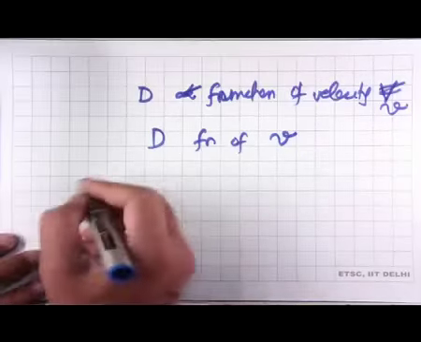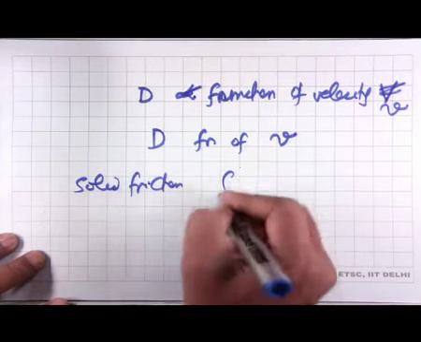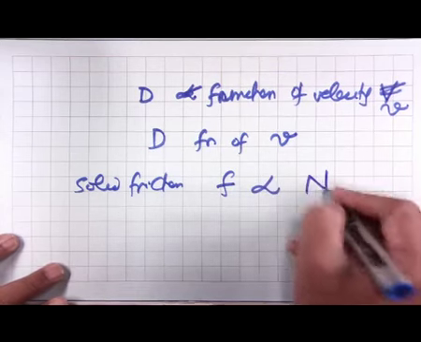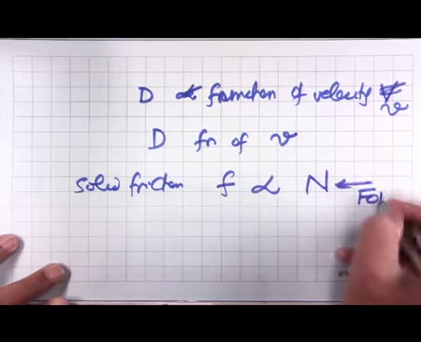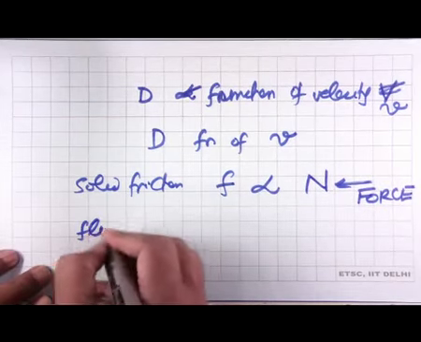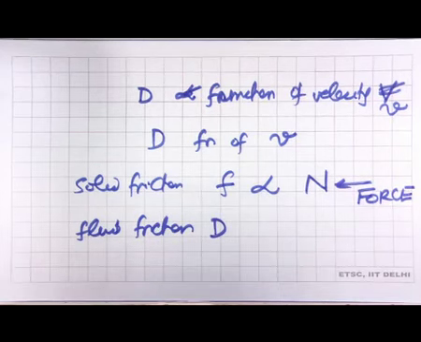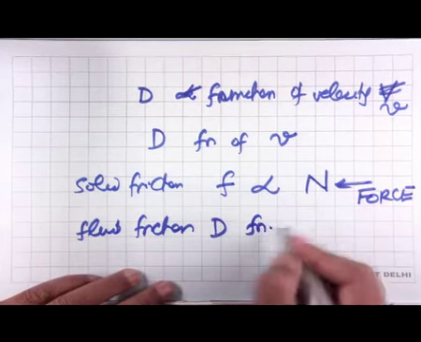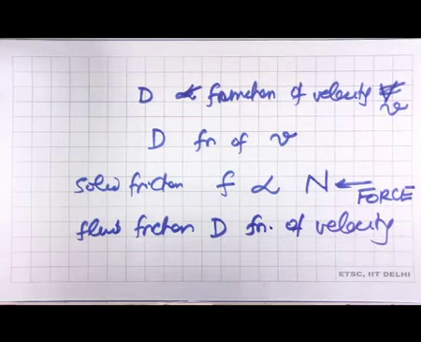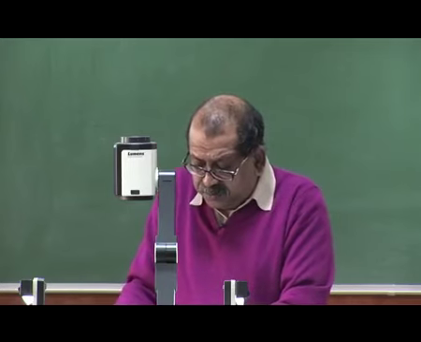In solid friction, when the contact was solid, the friction force was proportional to the normal reaction, which was a force, and in case of fluid friction, the drag or the friction force is a function of velocity and not a function of force.